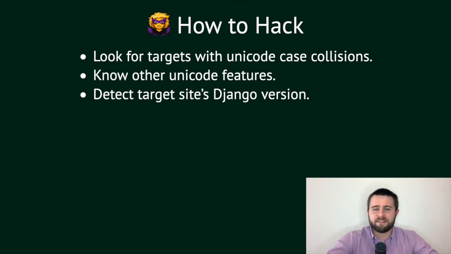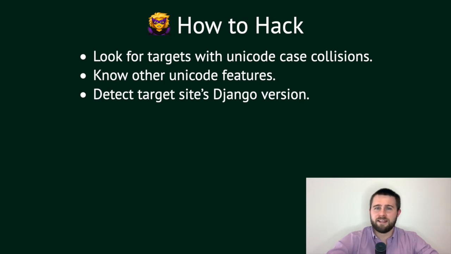What lessons can we take away here for hacking Django websites? Well, first we can look for targets with Unicode case collisions. If we're trying to hack a website that has an I in it, then we already know that there's a case collision. If not, perhaps we want to look inside usernames for double S's, I's, and anything else that was in that table. It would also be expanded if you weren't looking in English.